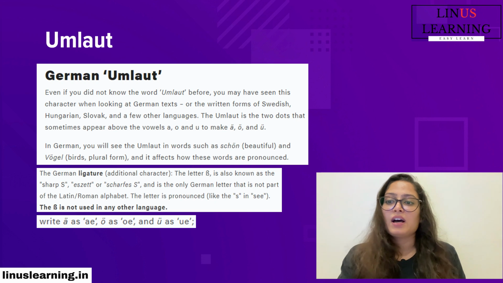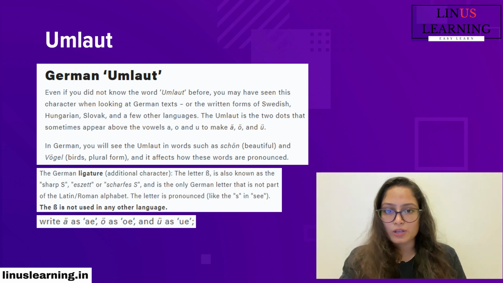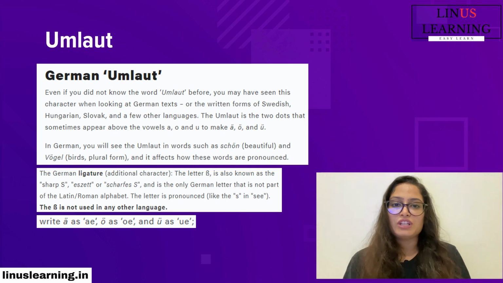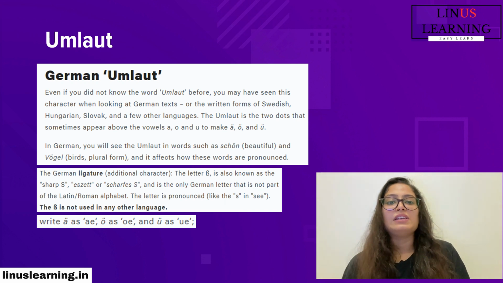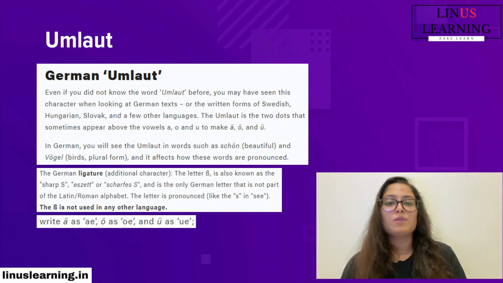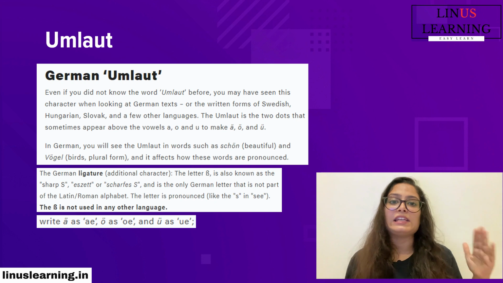Then if we combine E and I together, there are two things that we need to remember. When we are combining E and I together, then we say the pronunciation as I. So you can understand it this way if you know English very well. There are two things to keep in mind: one is the combination E and I, and second is the combination I and E. In both these cases we pronounce the latter like in English.